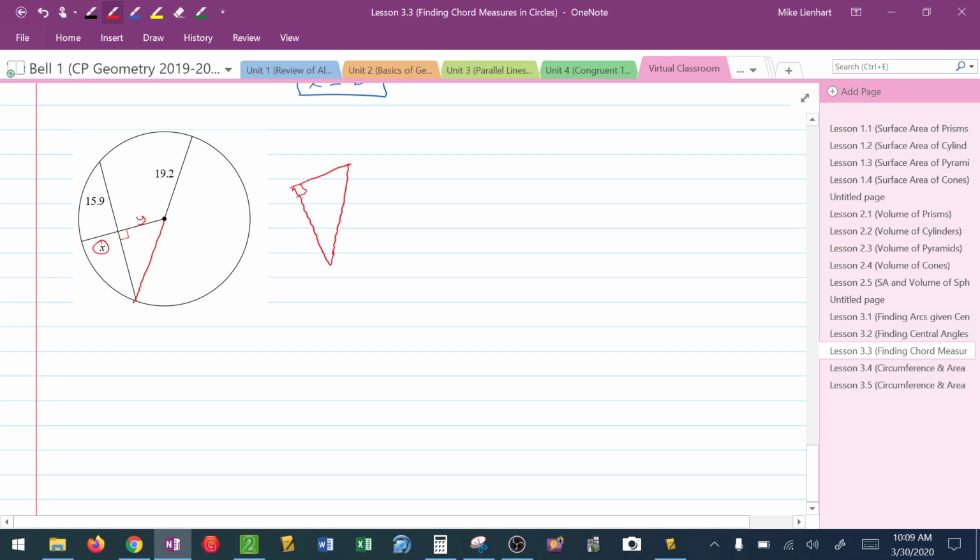All right. I know that this side is 15.9 because it is bisecting that chord since a perpendicular is being formed. I know that piece is y, which is a part of a radius. And I know that this hypotenuse here has to be 19.2. All right, so I'm able to deduce that 19.2 squared is equal to y squared plus 15.9 squared.